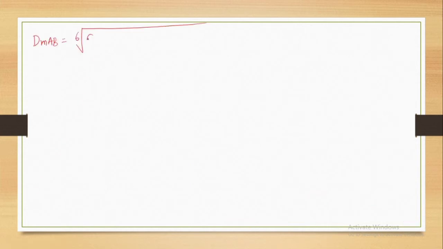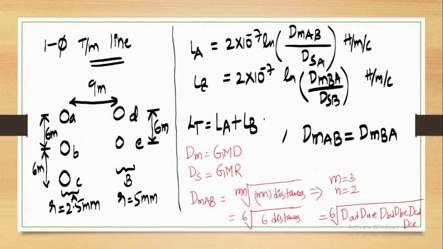So you will get 9 into, and A to E. A to E is obtained by forming a right angle triangle here. You know this distance which is 9 meters and this distance which is 6 meters, right? So A to E is the hypotenuse. So it is root of 9 square plus 6 square.